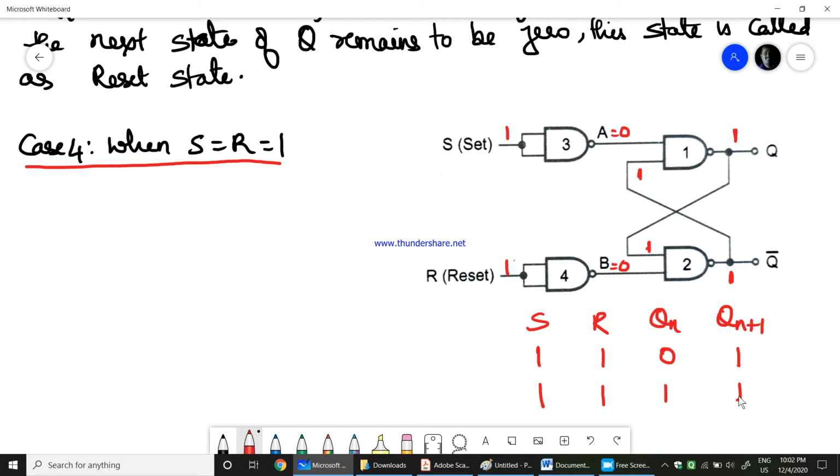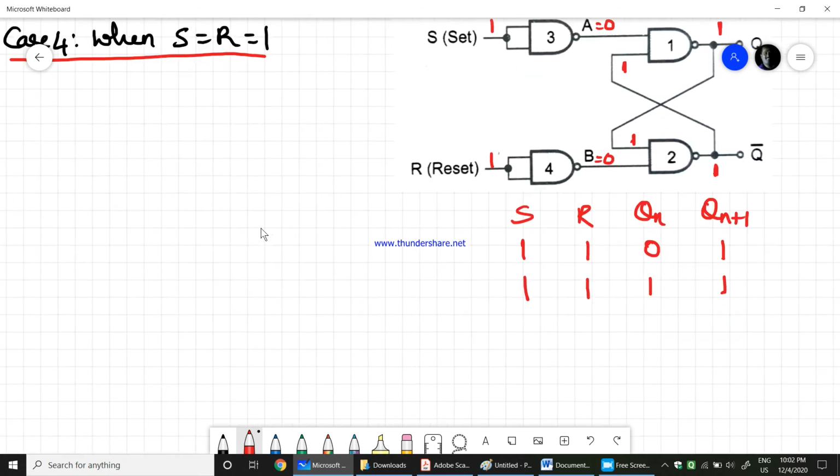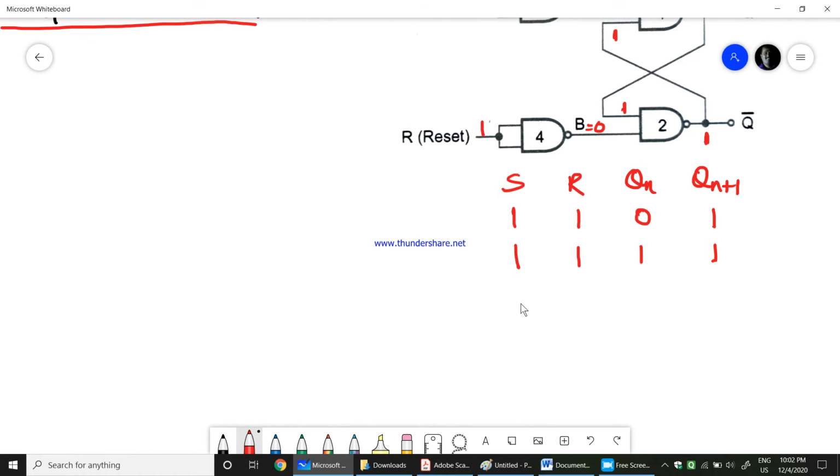So this is an intermediate state. This is an indeterminate or undefined state. The reason is, S is set and R is reset. When set and reset are equal to 1, 1, you can get neither the set state nor the reset state.